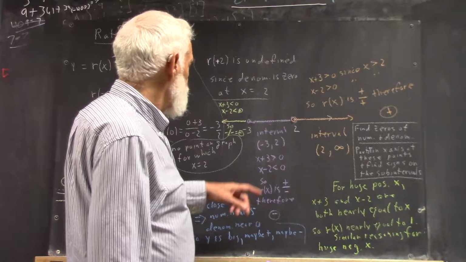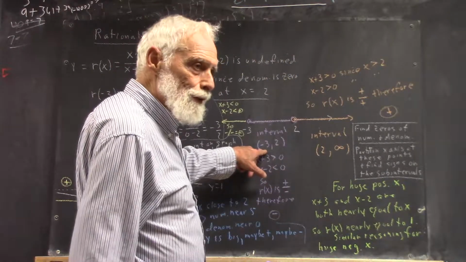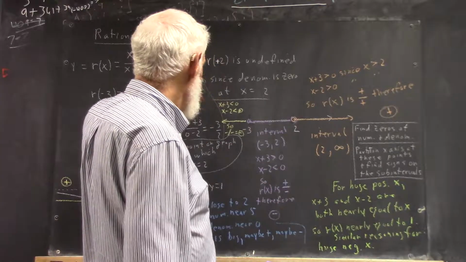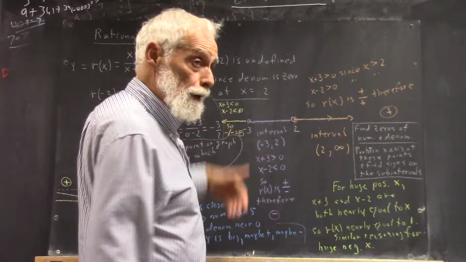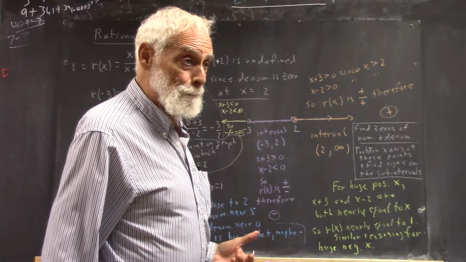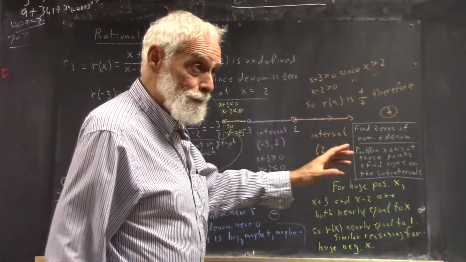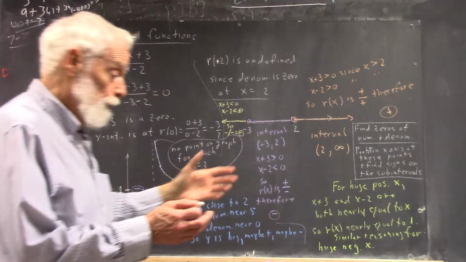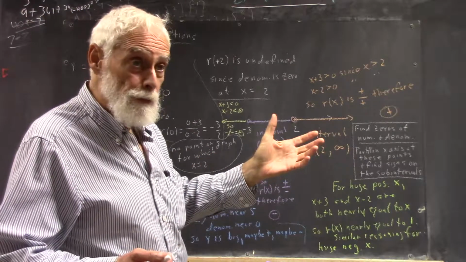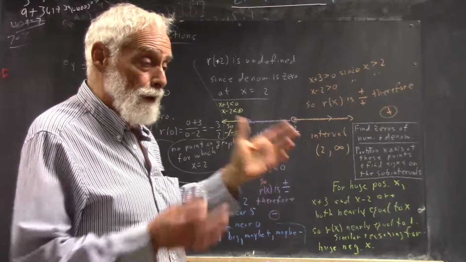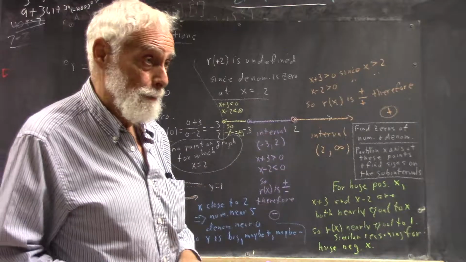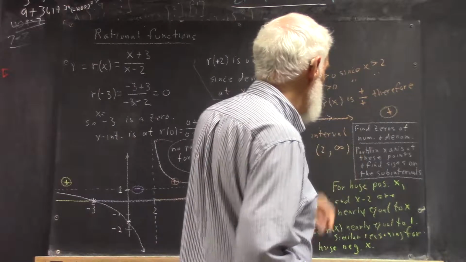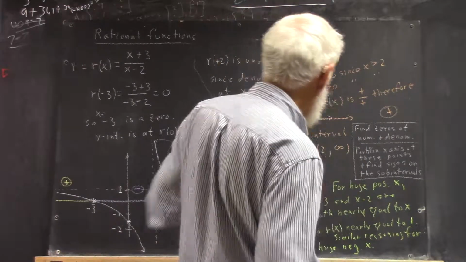The partition just consists of this interval, -3, 2 in this case, to infinity, and I didn't have room to write it, but that would be -infinity, -3, right? You get 3 intervals. If you've got more zeros, you've got more expressions up here in the numerator, you get more zeros, and you'll have more intervals to worry about. Okay, so that's the first two things we do.